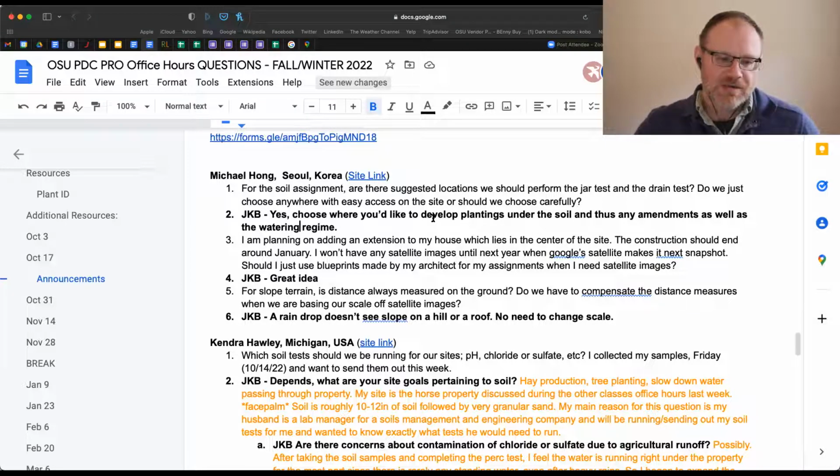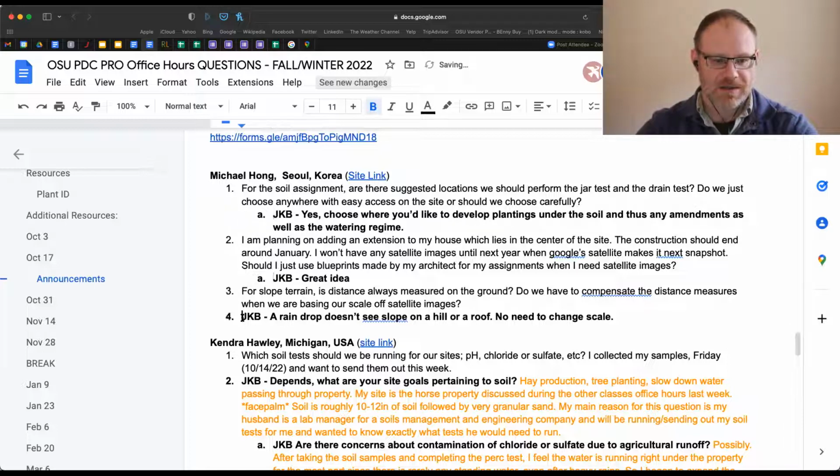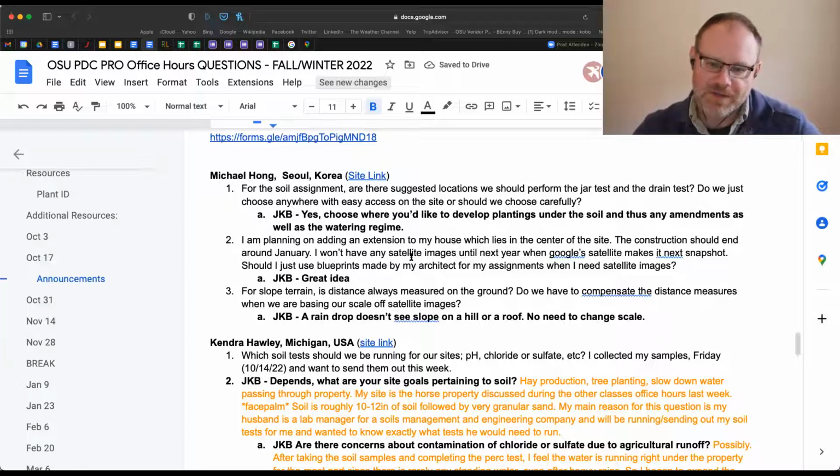His third question, for slope terrain, and I'm just going to indent these so our numbering system still makes sense. For slope terrain, is distance always measured on the ground? Do we have to compensate the distance measured when we are basing our scales off satellite images? So this is a question I had when I started. If you look at the slope, the distance is actually longer. So would that change something to do with measurement?